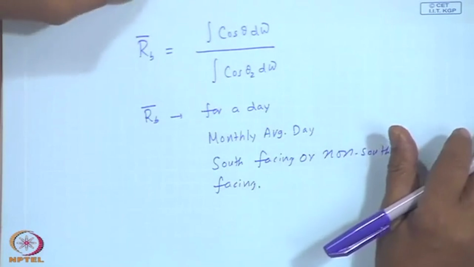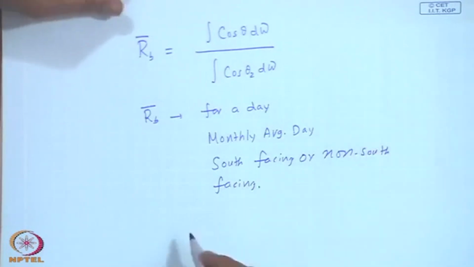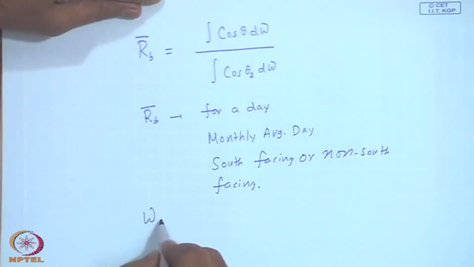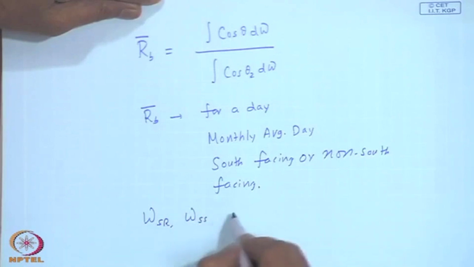So, we shall try to evaluate the so called omega SR and omega SS, which are needed.